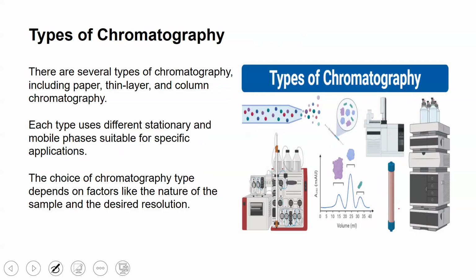So you need to know the types of substances, or the types of mixture, that you are dealing with, and based on that mixture, it will help you to choose the chromatographic type that is going to be applied.